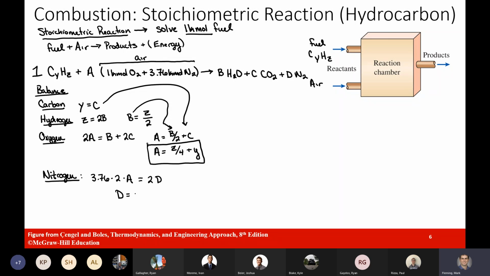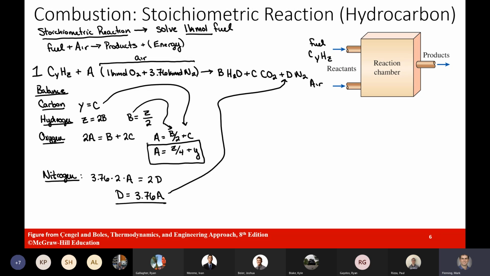Dividing through by 2, what we note is it will always end up being, for this case, 3.76 times the stoichiometric coefficient A. And so this can get substituted in because nitrogen didn't have a reaction. It was just a bystander going through the process. And so there we go. We've done our basic stoichiometric setup for combustion and for our hydrocarbon.